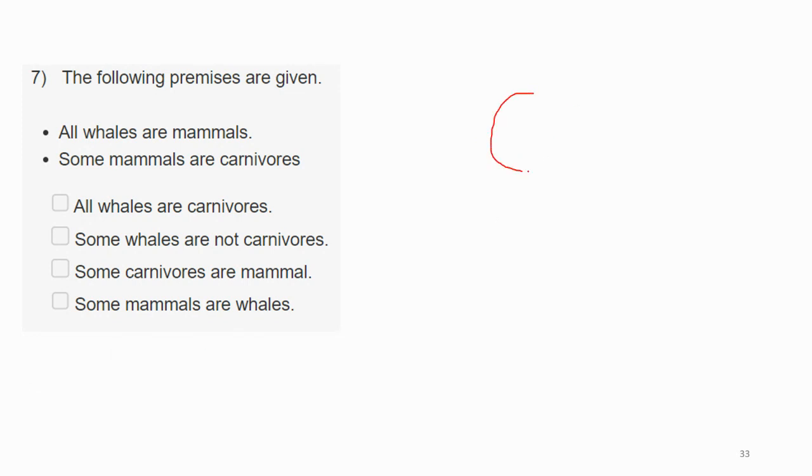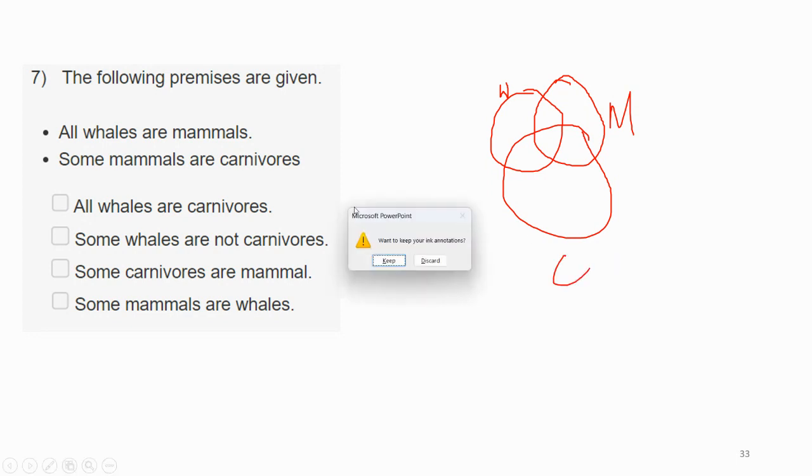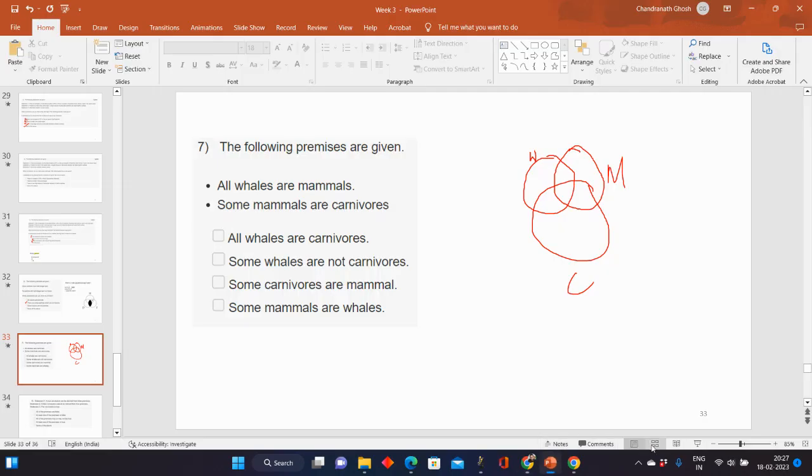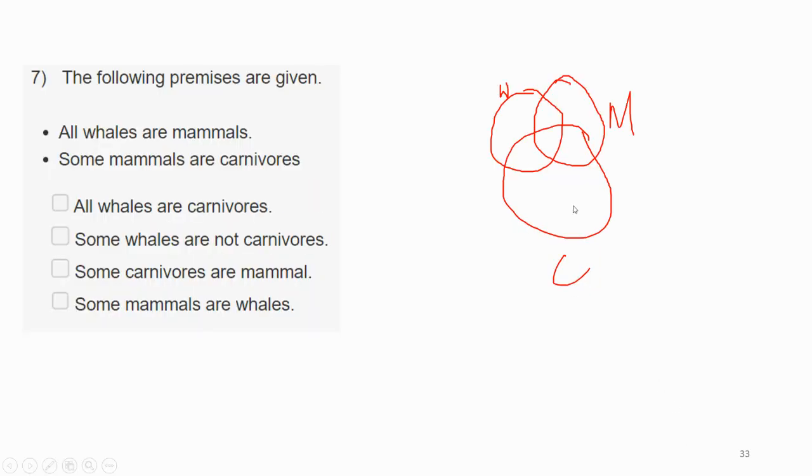So if we draw, let's say one. Pardon me for my bad drawing. Let's say these three are there. Let's say this is whales, this is mammals, and these are carnivores. So it is saying that all whales are mammals.